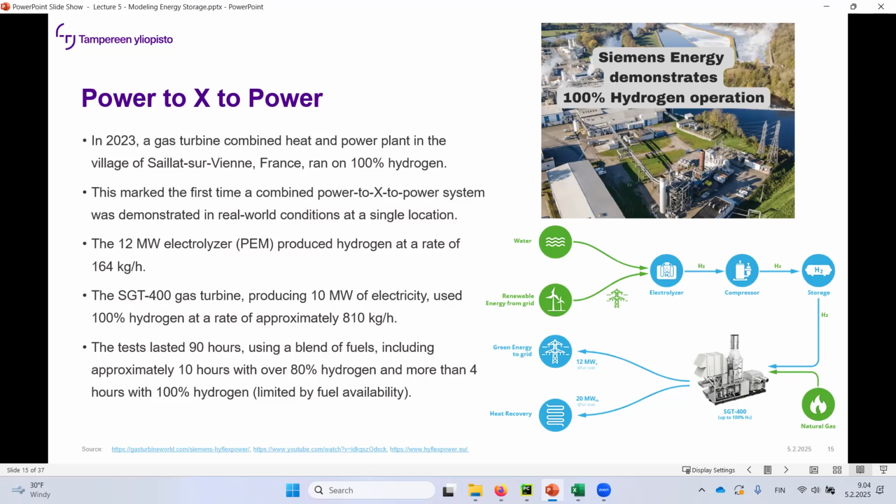So in this sense, the charge and discharge have been completely detached. So you can store the hydrogen, you can run it through pipeline from point A to point B, and it's based on the storage amount, how much capacity it has.